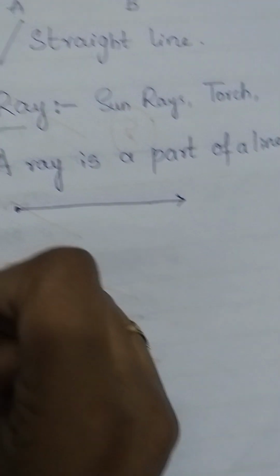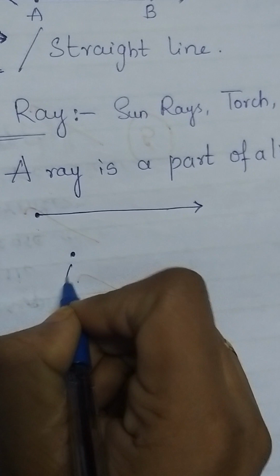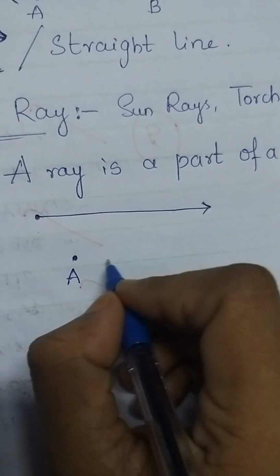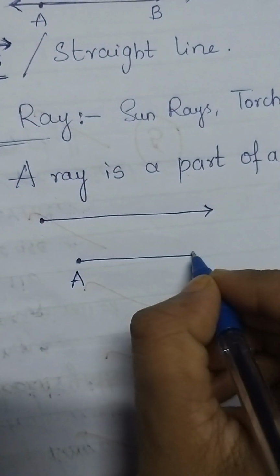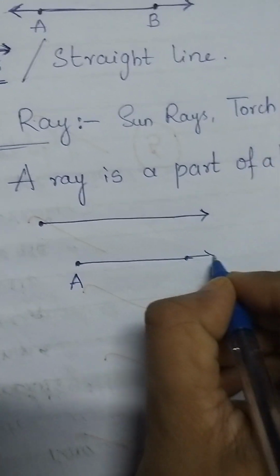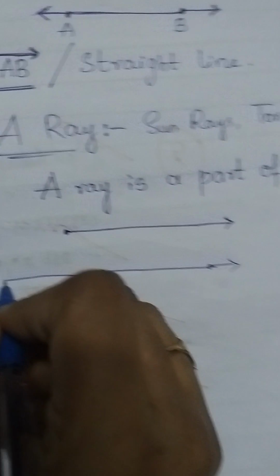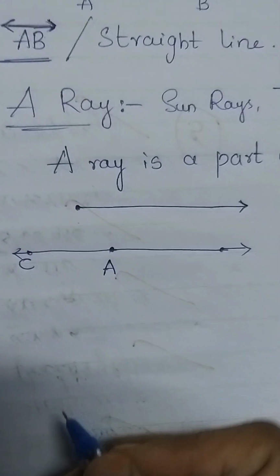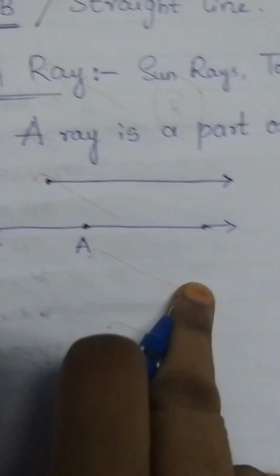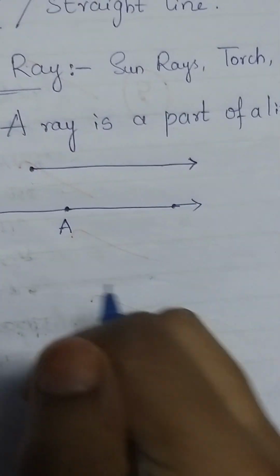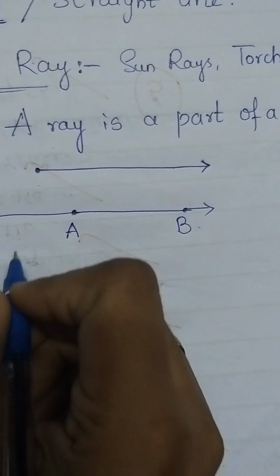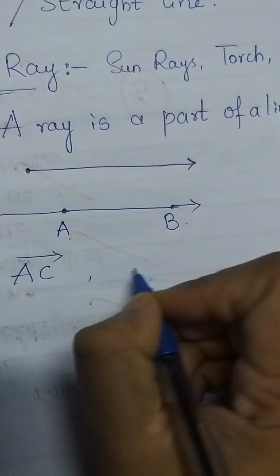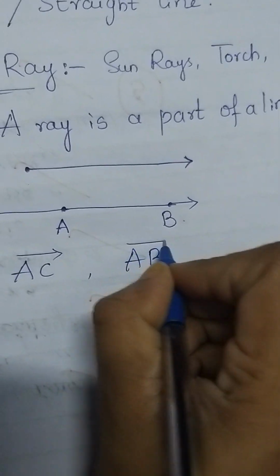Okay, let us take an example. A is a point here and the ray begins from here. It goes to B, endlessly it is going. Here it is going to C. Point C means the same line goes either side of A, to C or to B. So AC is a ray and AB is also a ray.